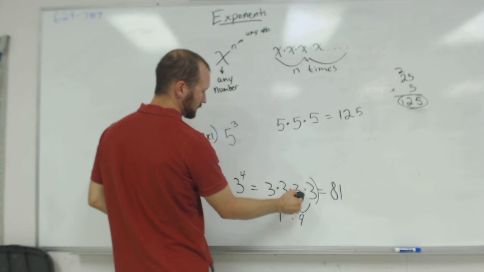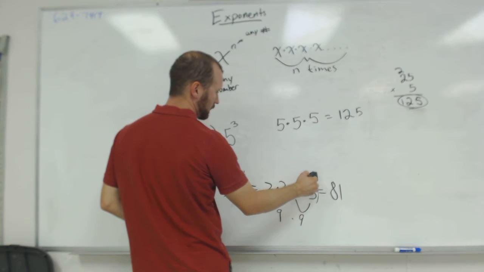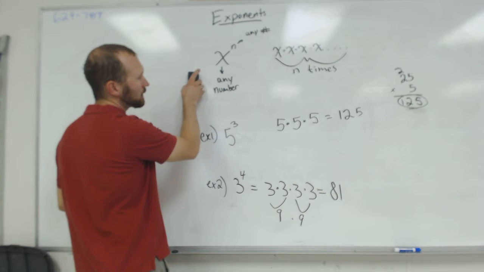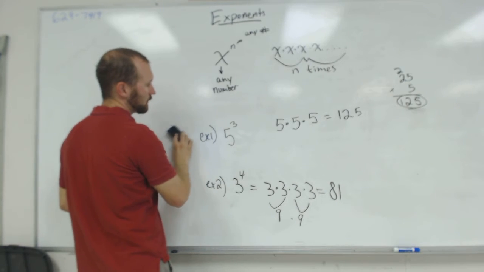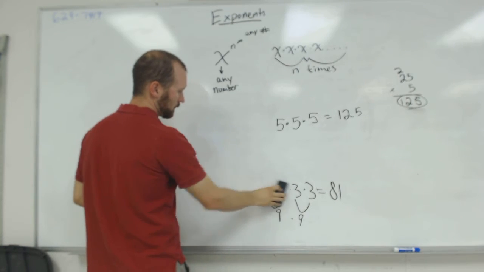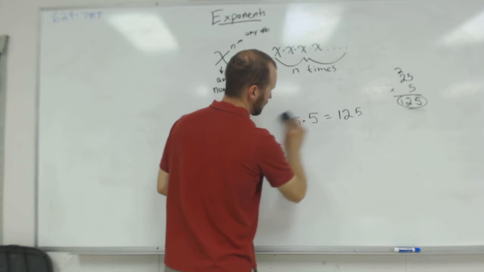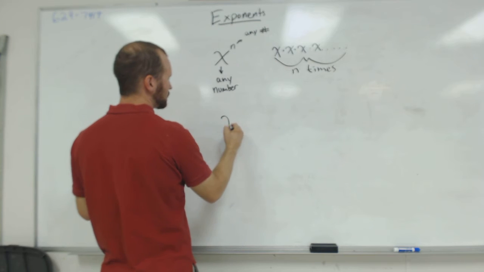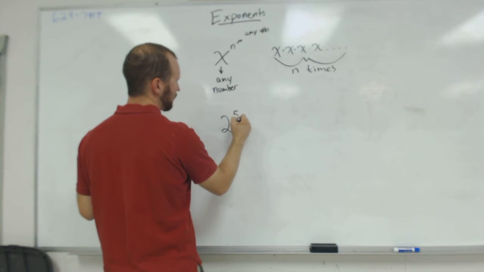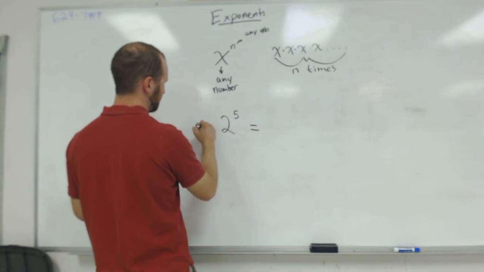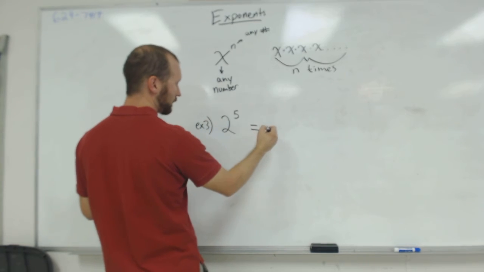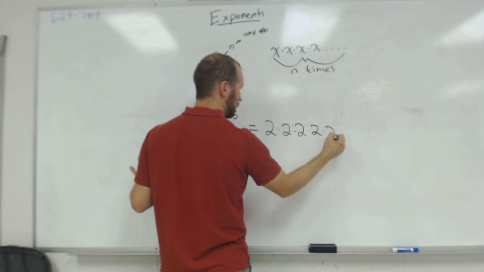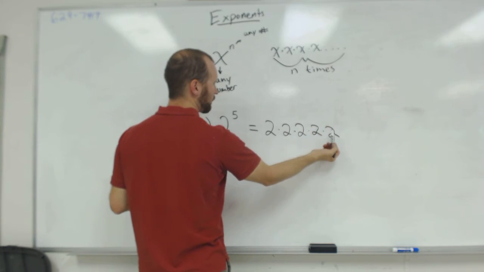Let's just do a couple more examples. Just remembering our definition of an exponent, what if I had 2 to the 5th power? 5 2s. 2 times 2, 1, 2, 3, 4, 5.